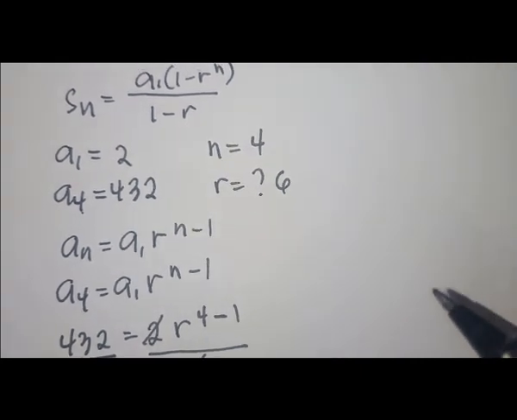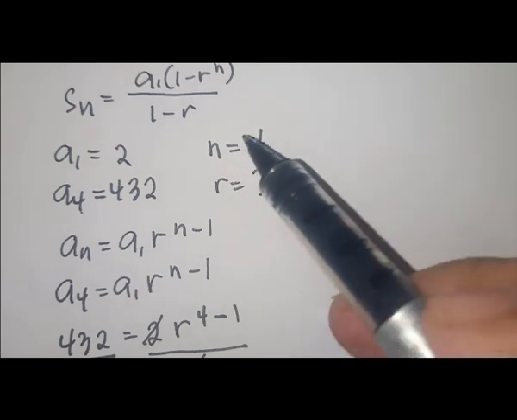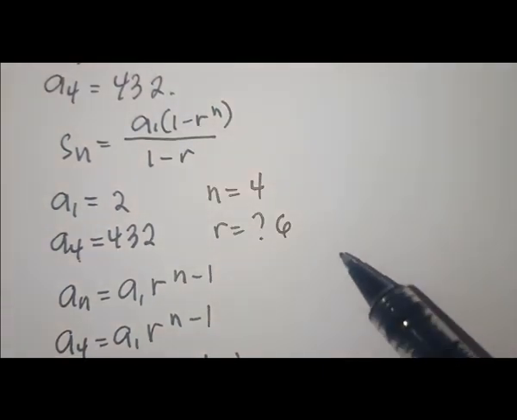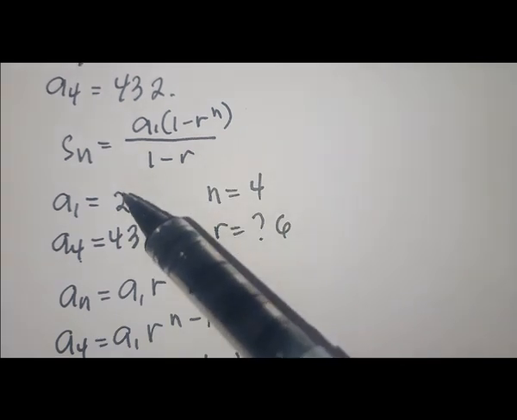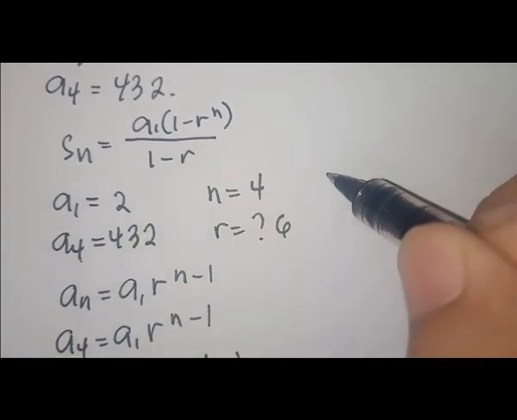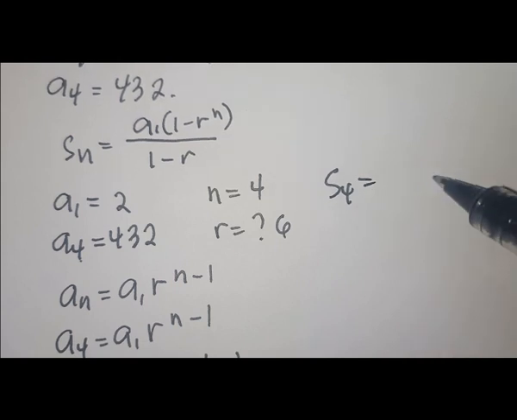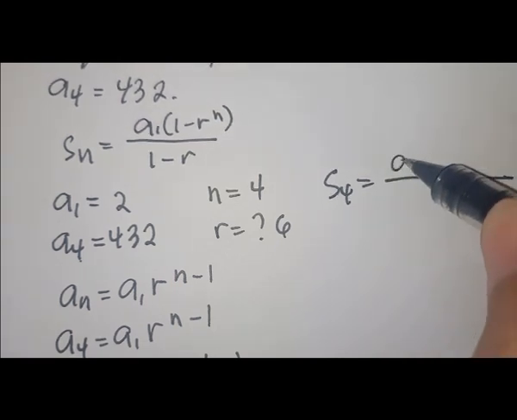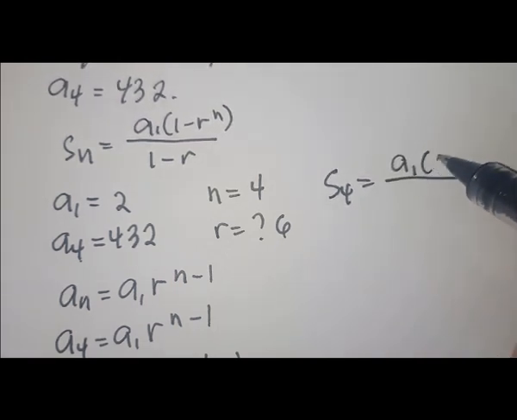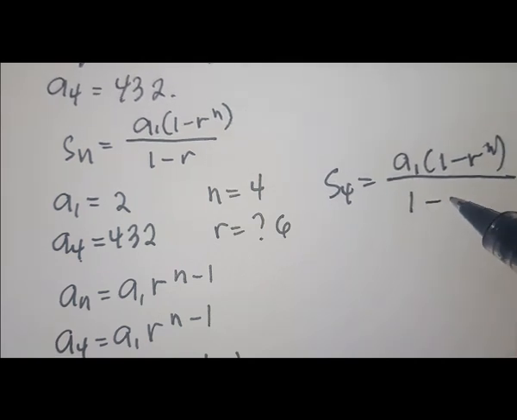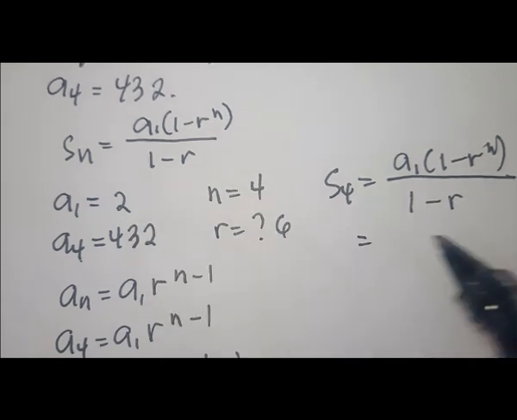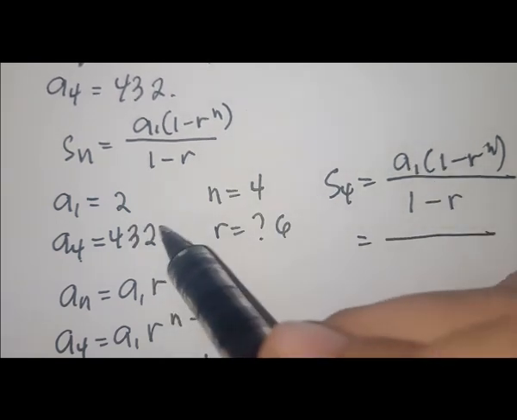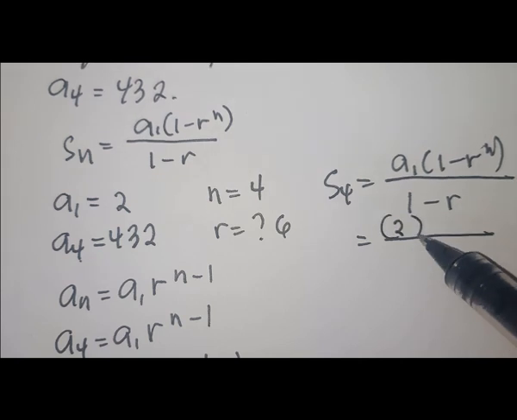Okay, so let us use now the formula. No? So, nalaman natin na ang r ay 6. So, gamitin na natin yung formula natin. So, the equation here will be s sub 4 is equal to, no, yung a sub 1 times 1 minus r raised to n over 1 minus r. Okay, from the given, substitute natin na yung a sub 1 daw natin ay 2.